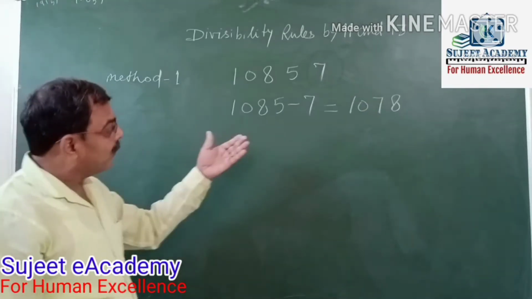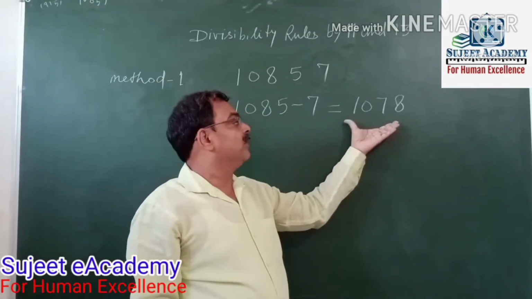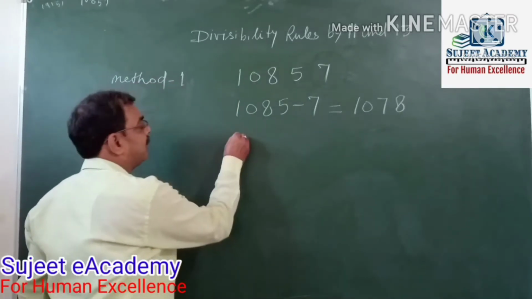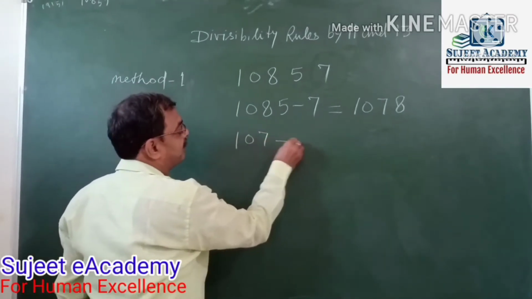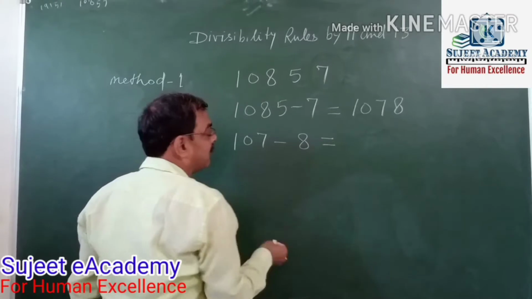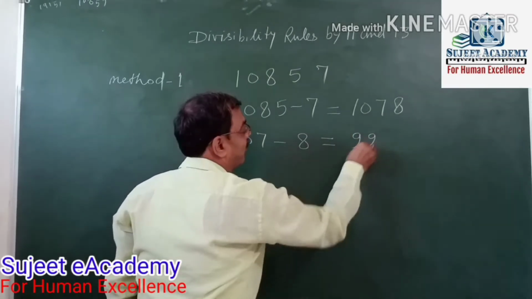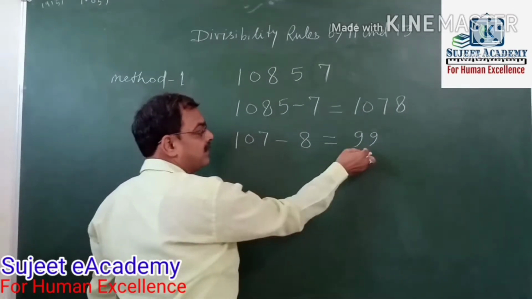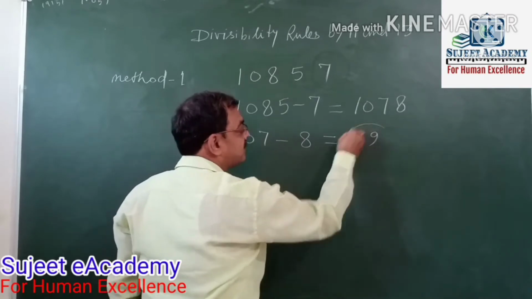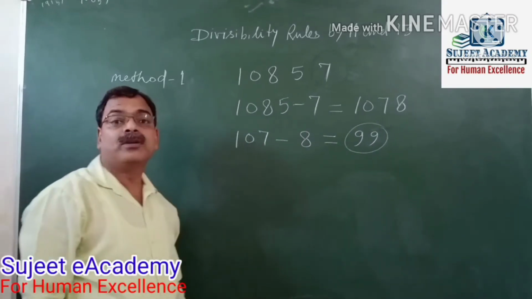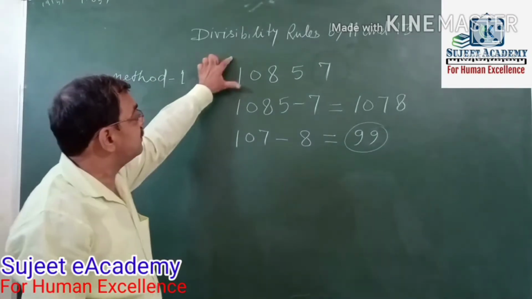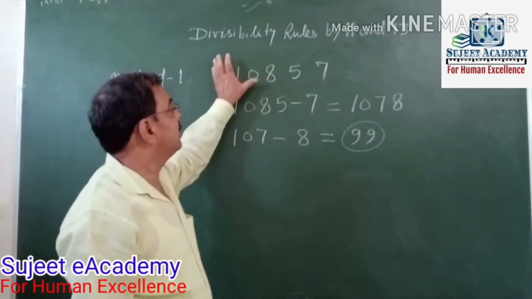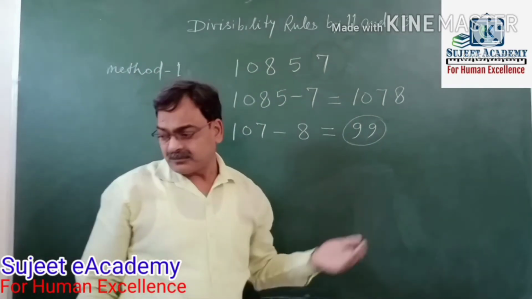Now this is a big number, so in the next step you again subtract in a similar pattern. You find 107 minus 8 is 99. This 99 is divisible by 11, hence this number is also divisible by 11.